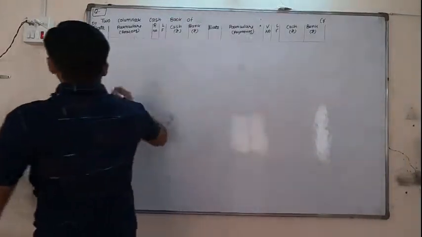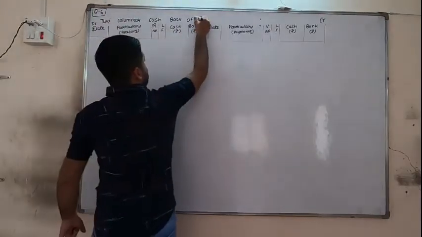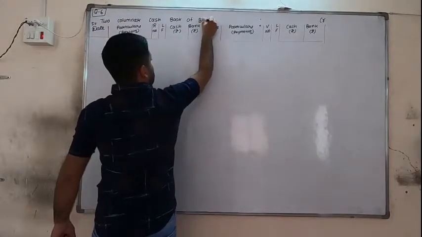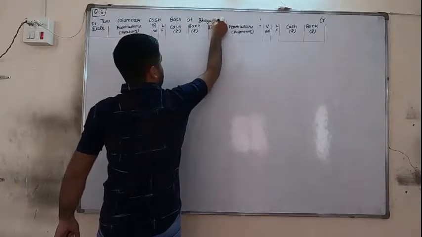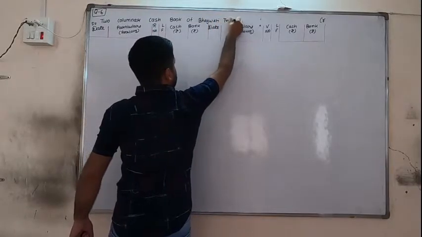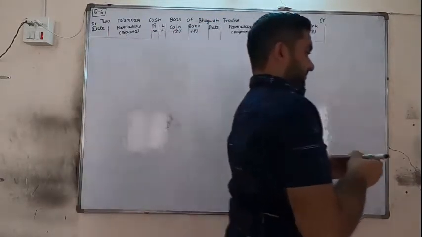So now going for the 6th sum, two columnar cash book of Bhagwati Traders.